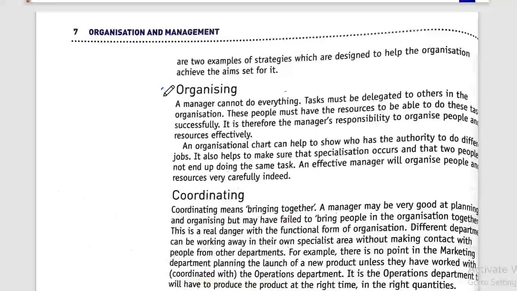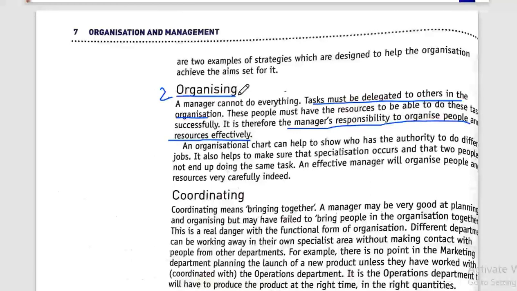So the second function is organizing. A manager cannot do everything. Tasks must be delegated to others in the organization. These people must have the resources to be able to do these tasks successfully. It is therefore the manager's responsibility to organize people and to use resources effectively.